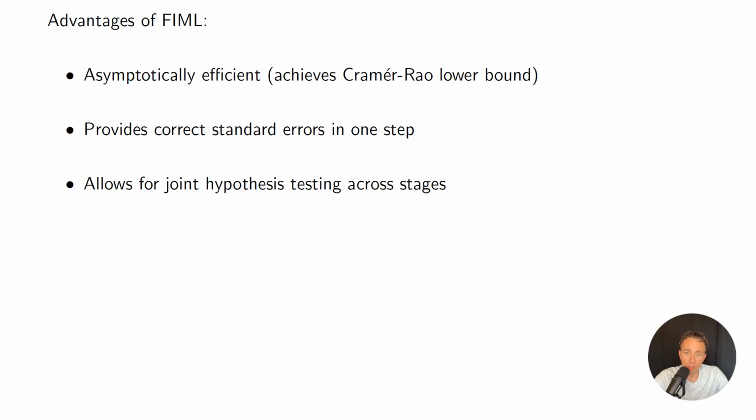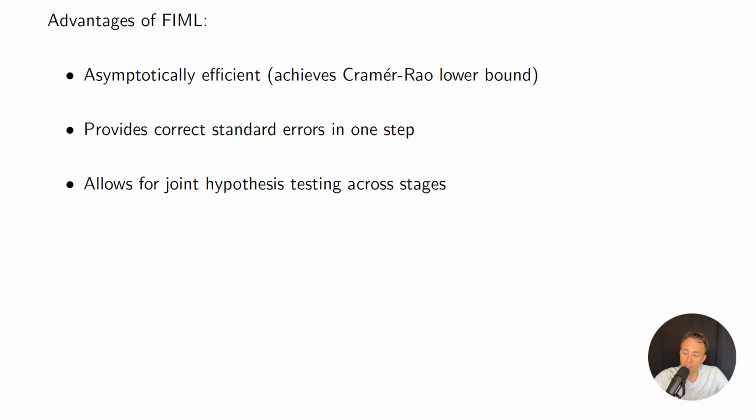So we're going to get lower standard errors around our parameter estimates if we estimate them all in one. And we're also going to get the correct standard errors because we're incorporating both steps simultaneously. If we do the multi-stage approach, we might get standard errors that are wrong because they don't take into account the estimation uncertainty from the previous stage in the second stage.